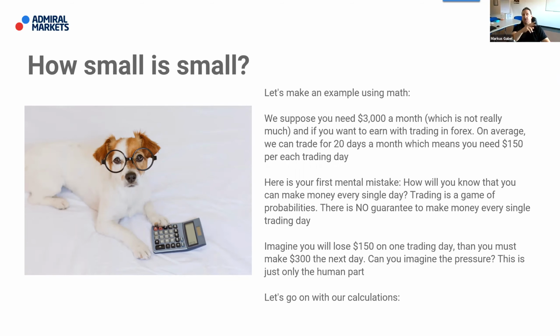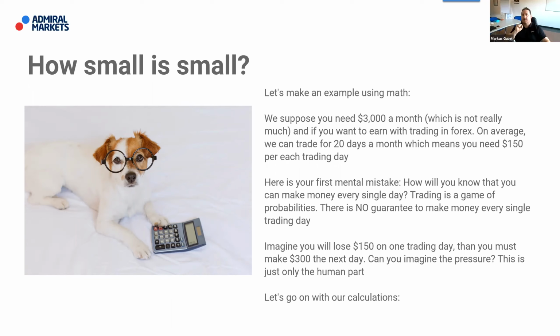The second trade is a winner. Maybe you won 50 euros. Then you are at zero, because in the first trade you lost 50 euros, but in the second one you win 50. Two trades, zero. And to be honest, it's not zero because you have to pay the fee. But let's imagine it's zero.